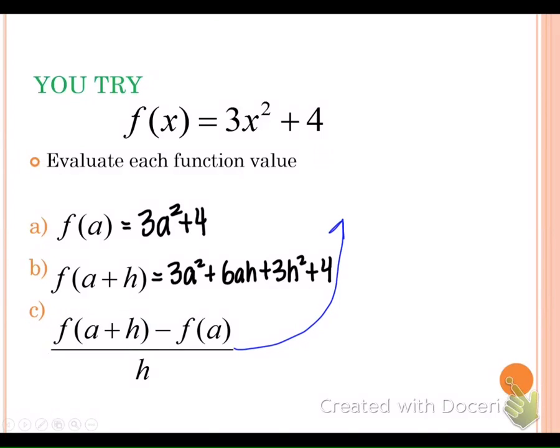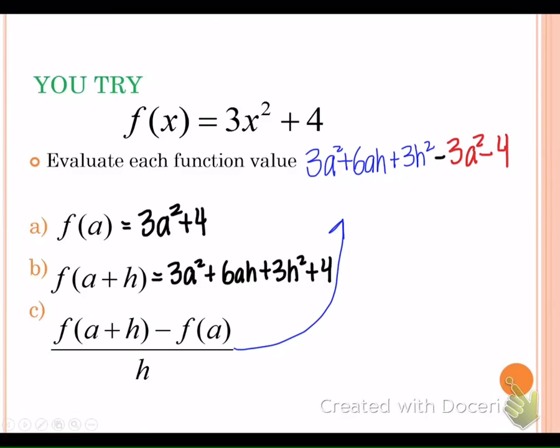Yes, it is. 3a squared plus 6ah plus 3h squared. And then we're going to subtract that from the quantity of f of a, which is going to be minus 3a squared minus 4, divided by what?